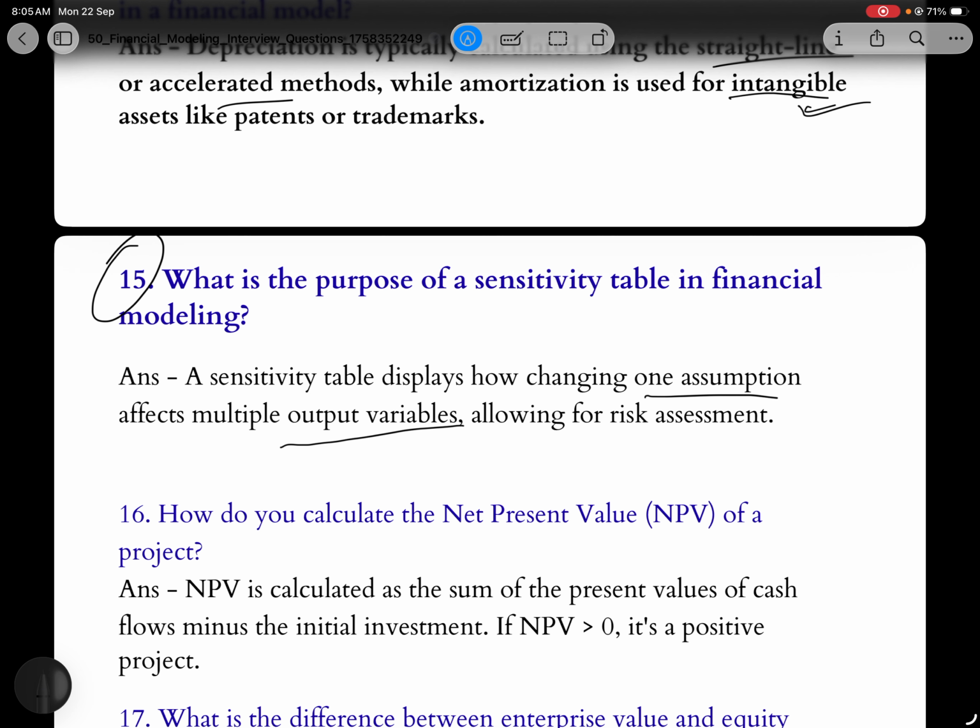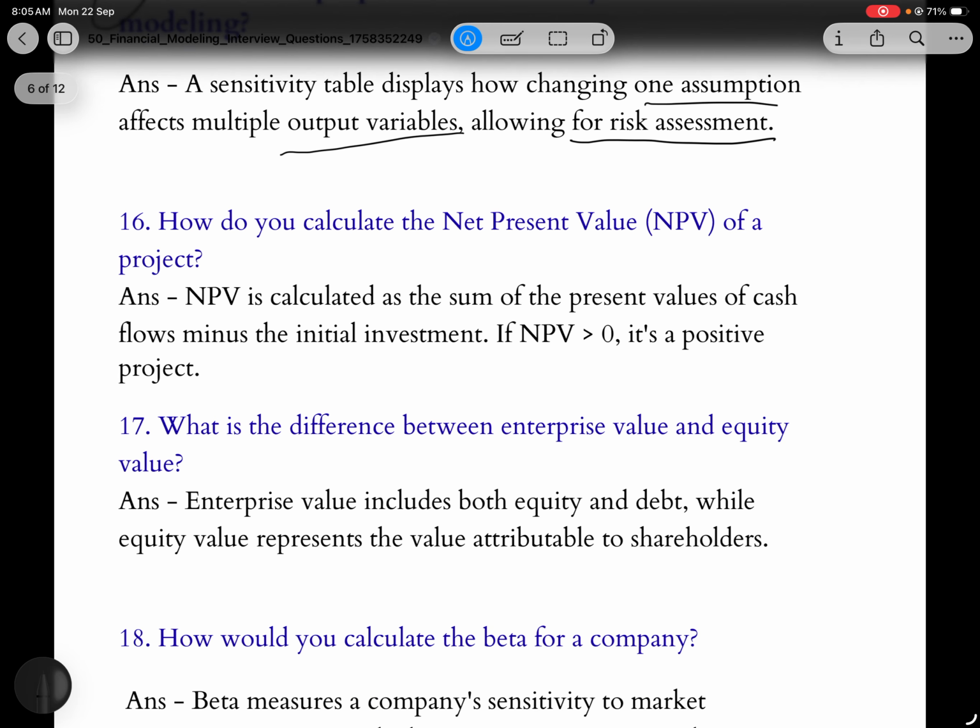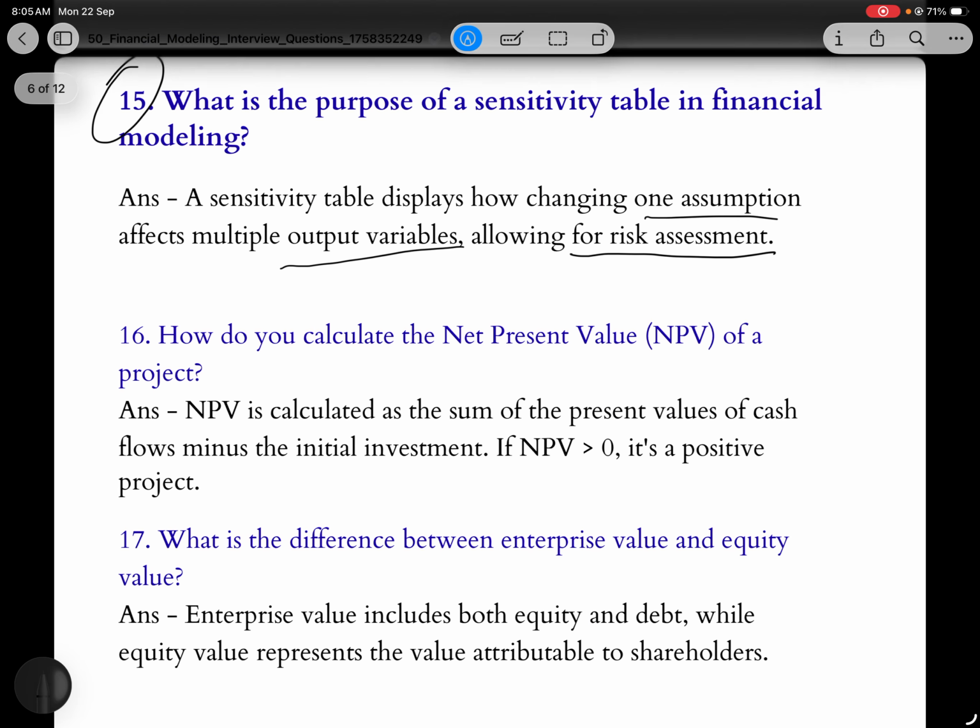So in different scenarios, it is useful for risk assessment. It's very important because it gives us an idea of the risks involved. That's how we should be answering it.